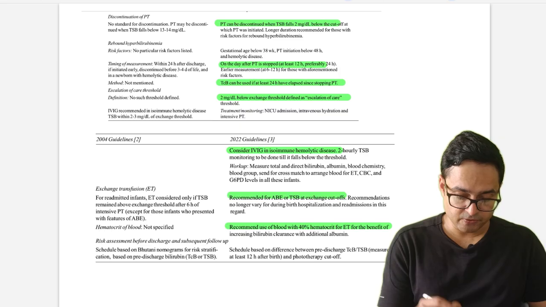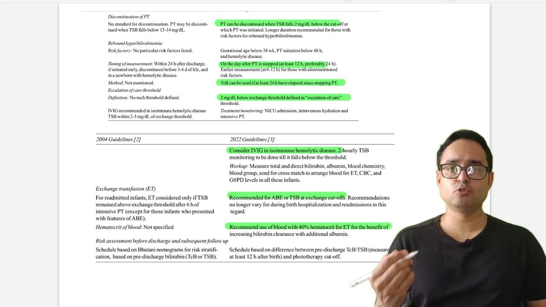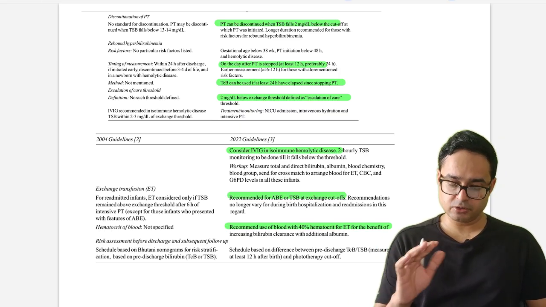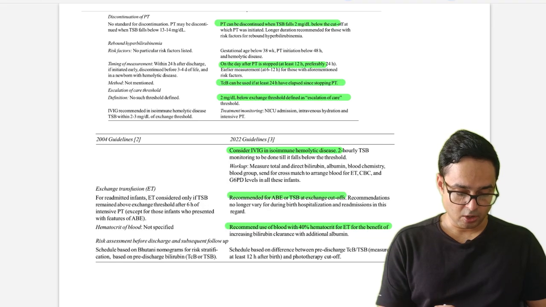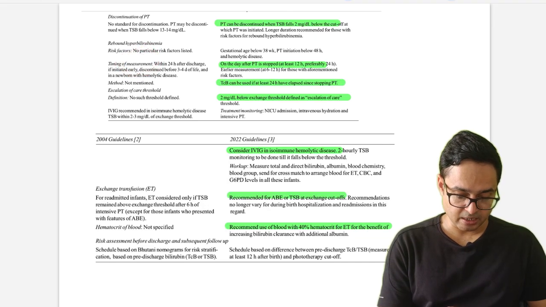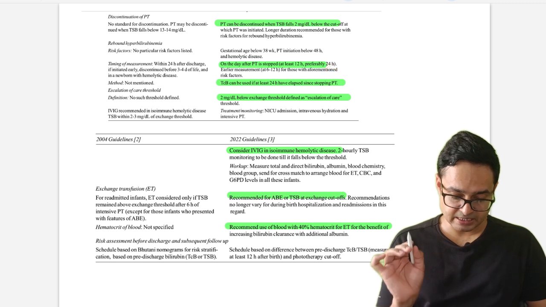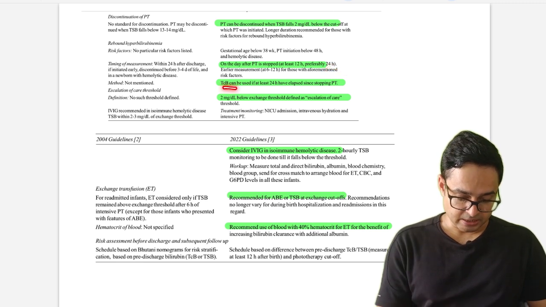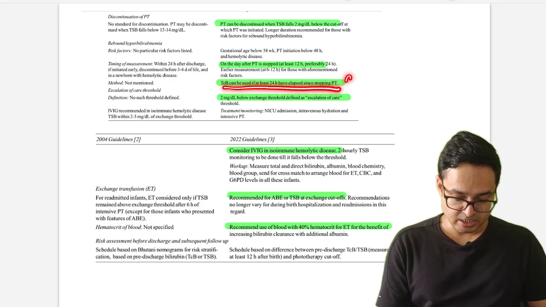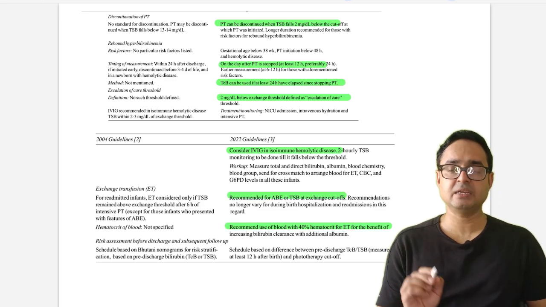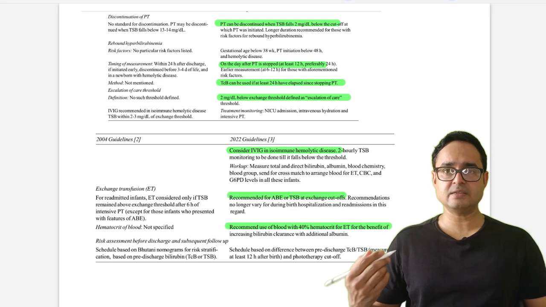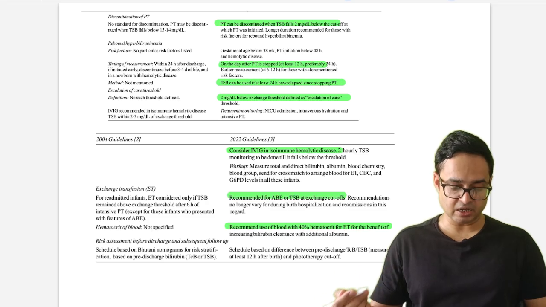Timing of measurement: on the day of phototherapy stop, at least 12 hours, preferably 24 hours. We have discussed this. TCB can be used if at least 24 hours after stopping of phototherapy. Again, stand-alone caution: TCB can be measured after 24 hours.